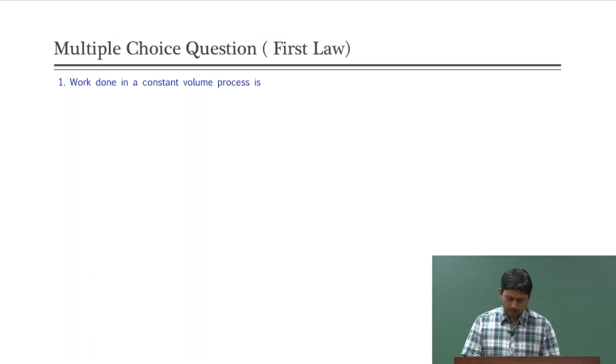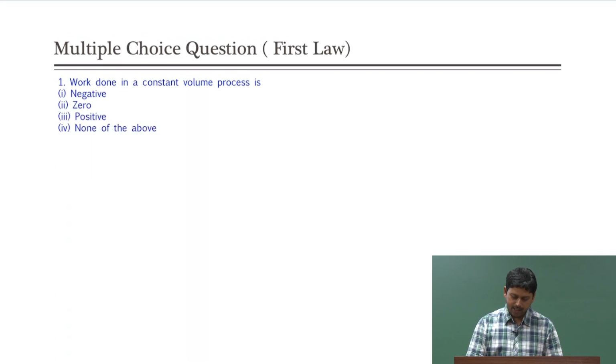So, we will start with some multiple choice questions based on the first law. The first one: work done in a constant volume process is either negative, 0, positive or none of the above. Work done in a constant volume process is where your volume does not change, and if you remember the definition, work done is dW equal to minus PdV.